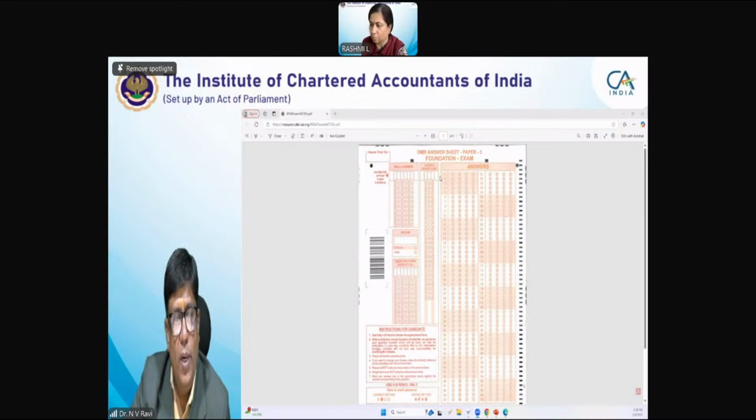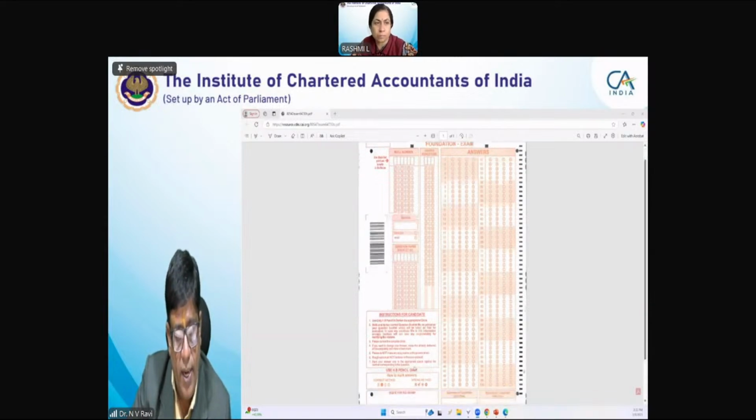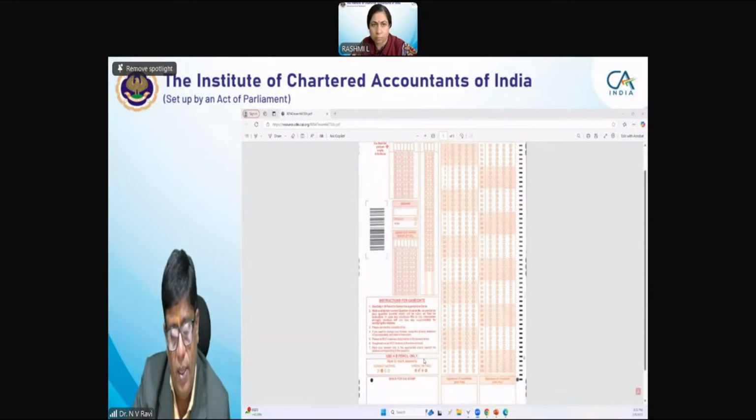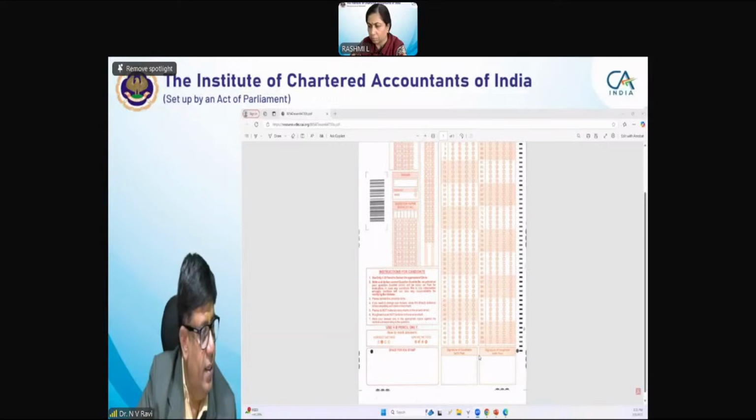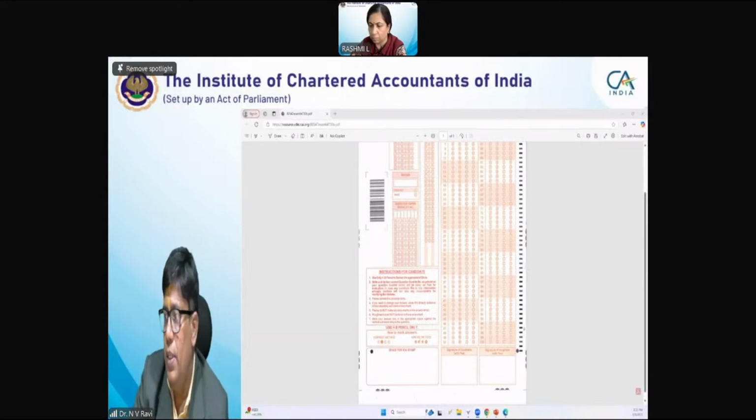The question booklet number and all these things you have to write, and for the circle places use only an HB pencil. Darken the appropriate circle and the correct question booklet number printed. The instructions for candidates are also given, so read them carefully. There is also a space for the signature, and you should write all these things carefully. And I will close this, my dear friends.